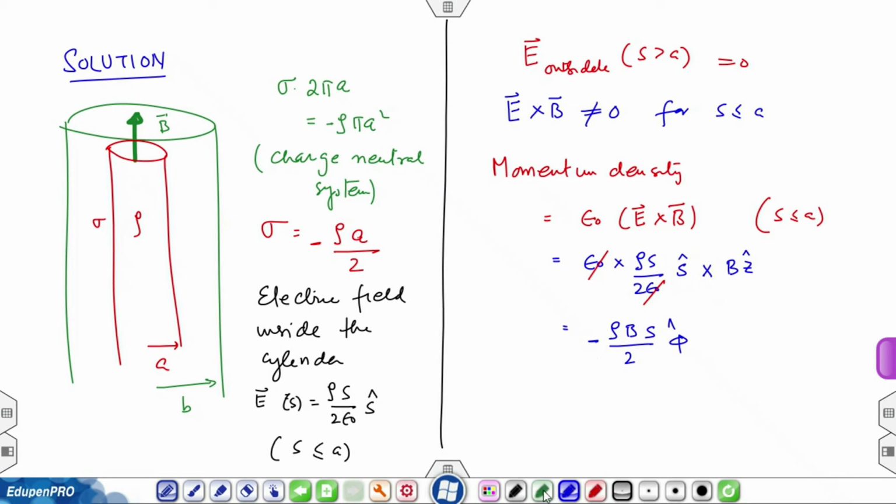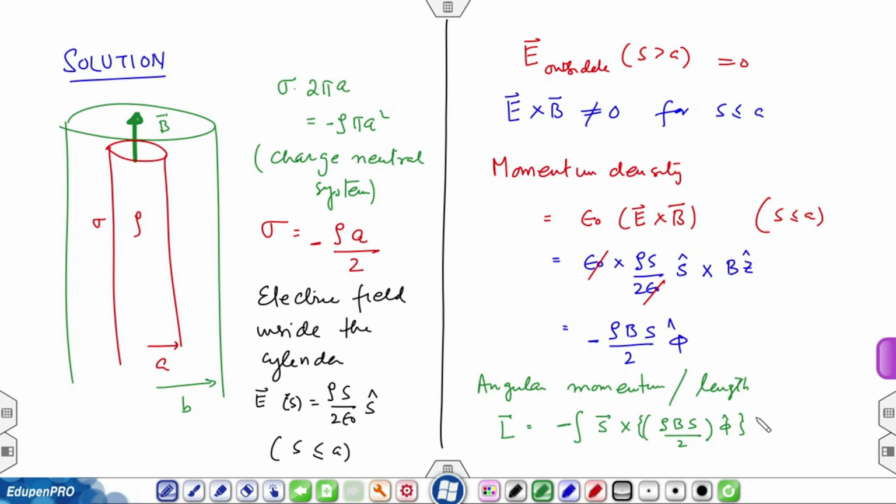And therefore, the angular momentum per unit length is going to be L equal to integral s cross rho B s over 2 the phi in front, there is a minus sign, that is the momentum, and I have to integrate this.